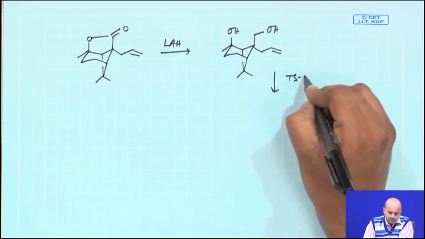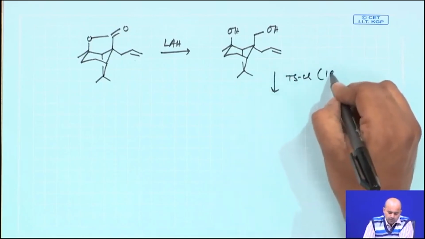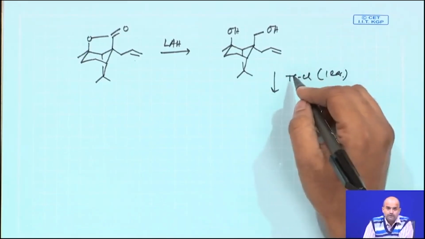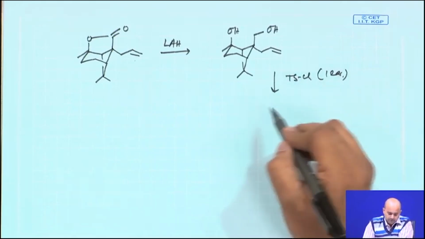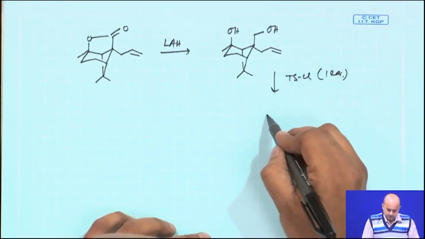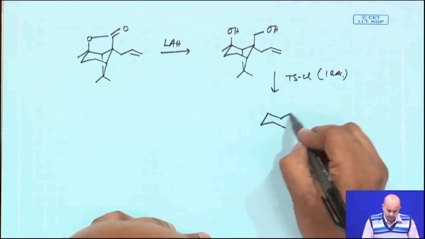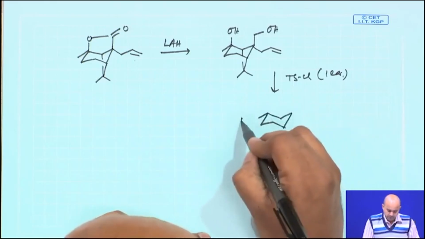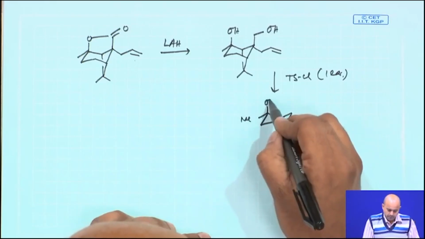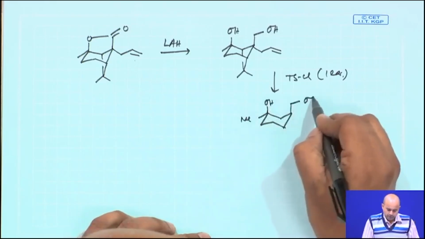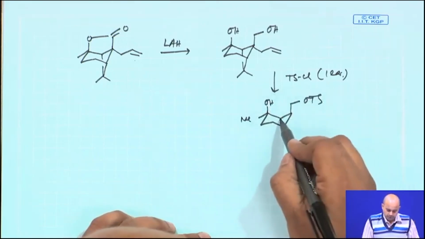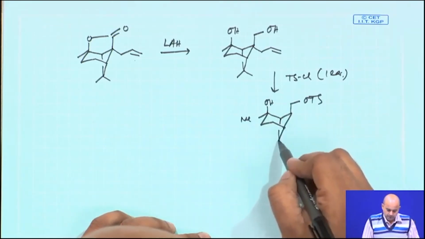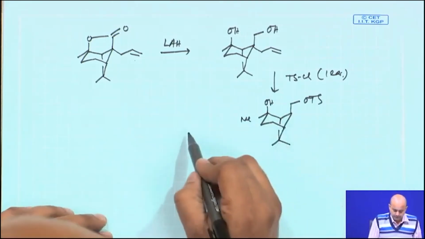So, you just treat it with 1 equivalent of tosyl chloride to get the corresponding monotosylate. OTs is at the primary hydroxy group, which reacts selectively to give you the monotosylate.